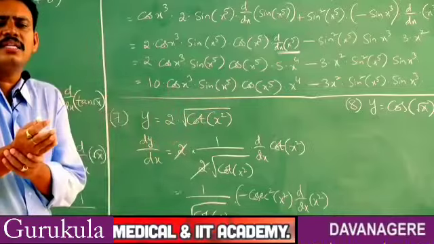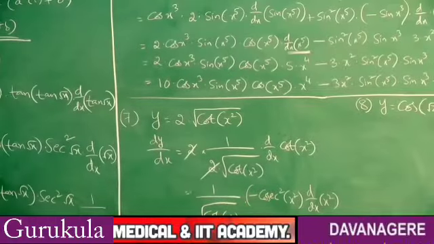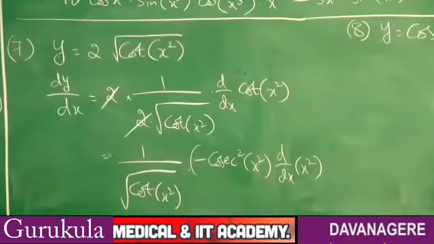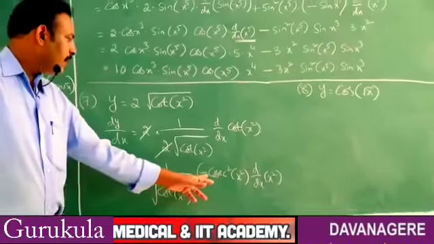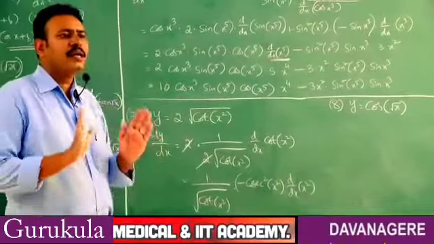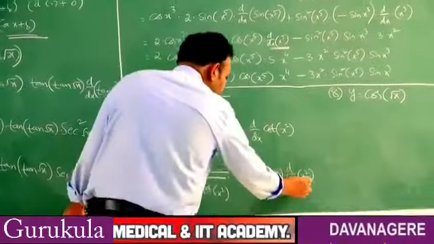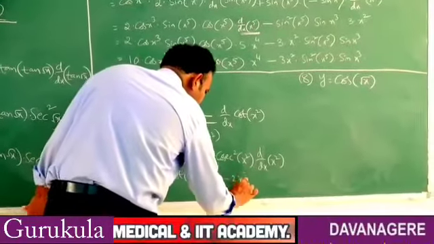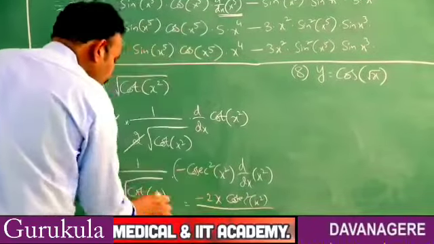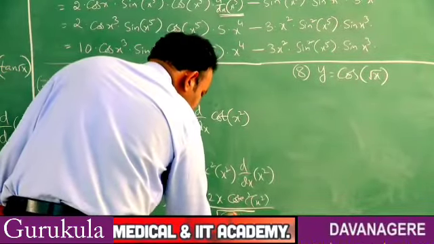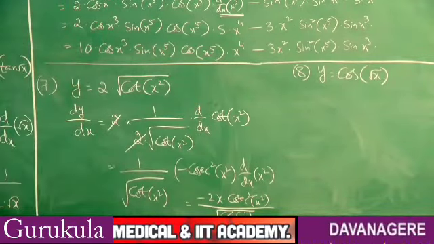Derivative of x square is 2x, you can write 2x. So dy by dx is equal to minus cosecant square x square, derivative of x square is 2x, students. Here derivative of x square is 2x, 2x into cosecant square x square by root of cot x square, students.